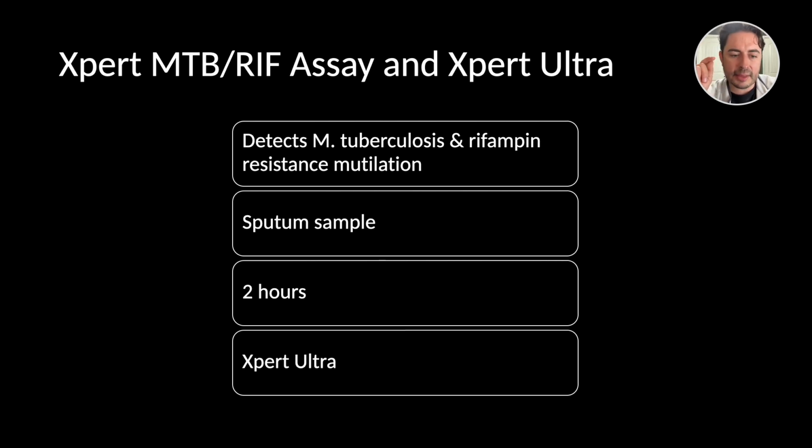The great thing about this is there's a quick turnaround time, 2 hours, versus the 6 weeks that it could take with the AFB. When we look at the Xpert Ultra, the great thing about that is it is even more sensitive to detecting the M. tuberculosis bacteria and any drug-resistant mutations that may have come up from this bug.